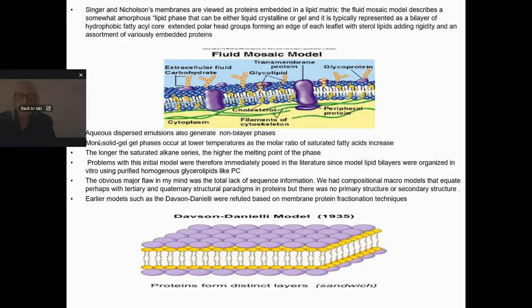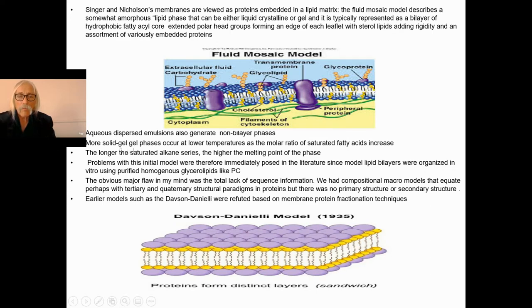So this is an important point here. More solid gel phases occur at lower temperatures. So rather than having a fluid liquid crystalline type of membrane, which is considered more biologically dynamic because it has that fluidity, and fluidity is a rheological term which describes essentially the punctate transmissional alteration around that membrane.